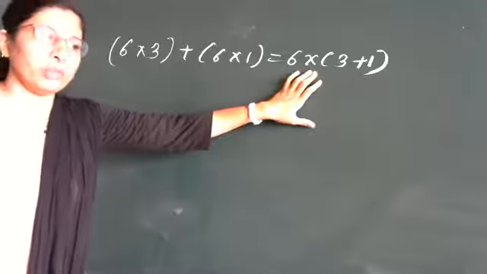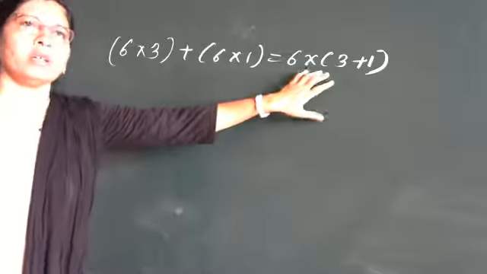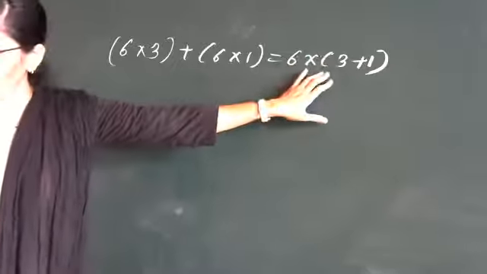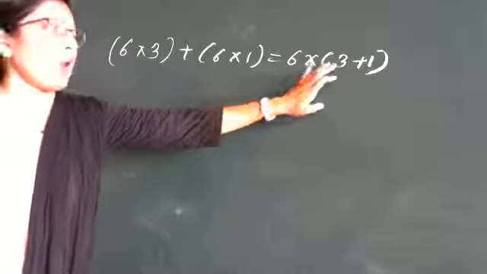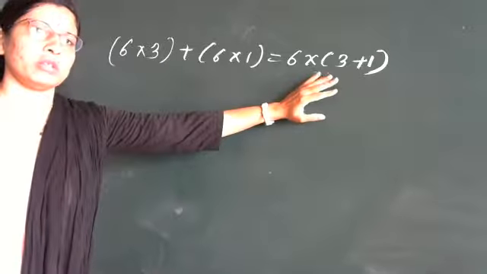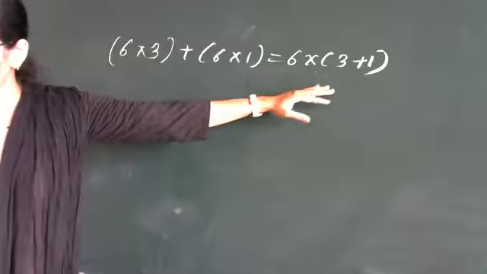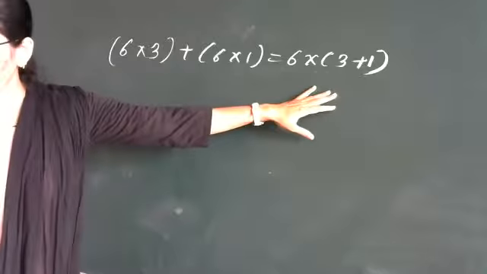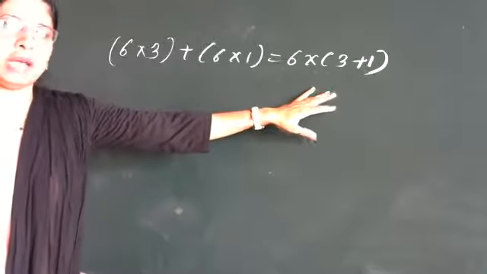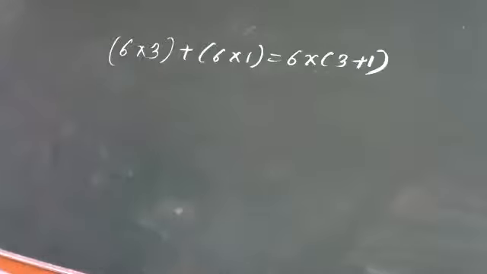Yes, correct. Distributive property of multiplication over what? Addition or subtraction? Yes, over addition. So B and 5 is correct. Okay, you can match.